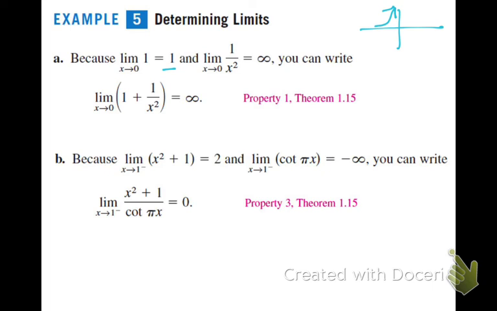Slow, really slow, but would it go there? Yes. So this is the limit of 1, which is 1, plus the limit of 1 over x squared, which would give you what? Infinity. Because property 1, theorem 1.15. You guys have to remember all those.